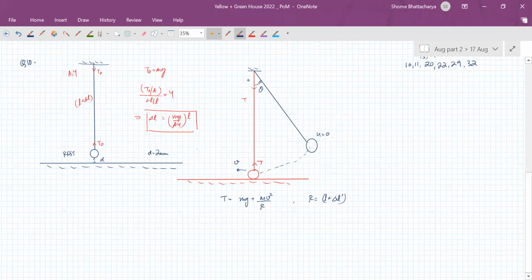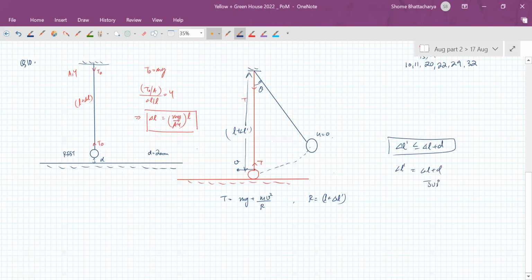So from this point of suspension, this length is going to be a little bit more than in that previous case. So this delta L prime should be less than or equal to delta L plus D. When delta L prime is equal to delta L plus D, it just about touches the floor. That is the condition.